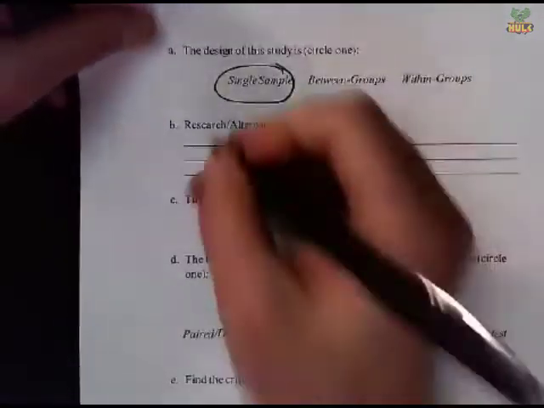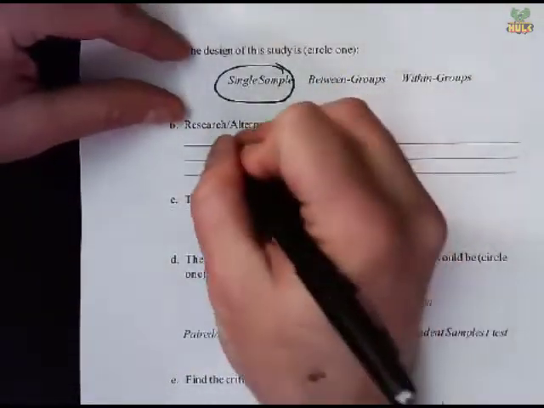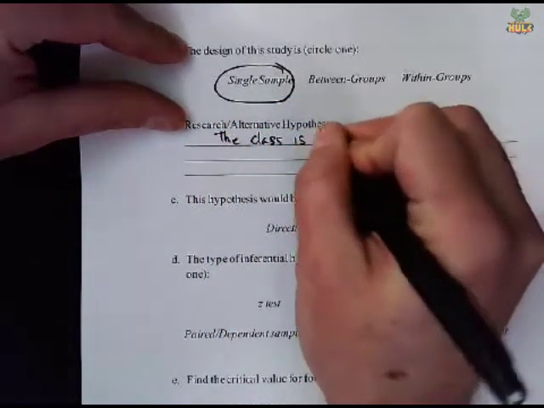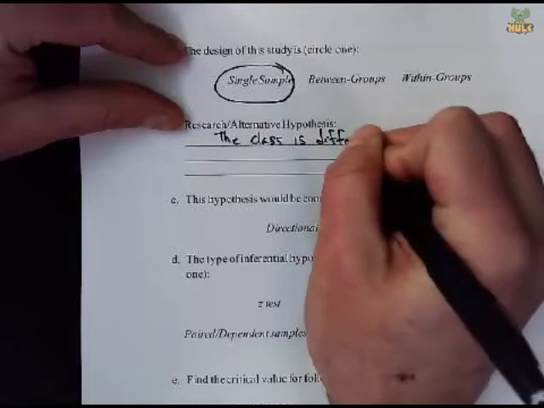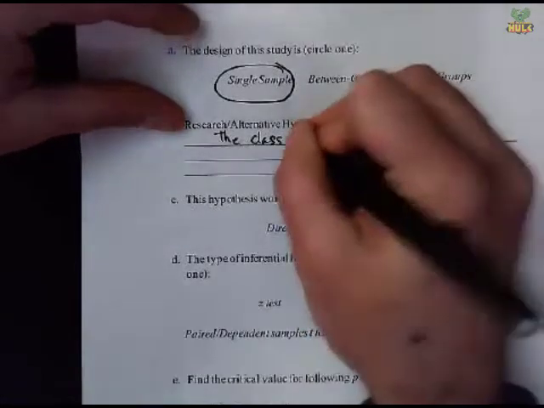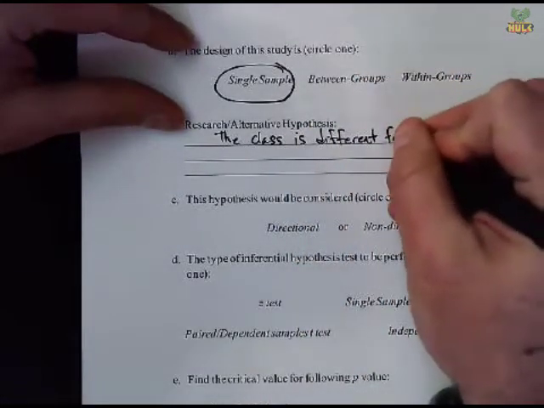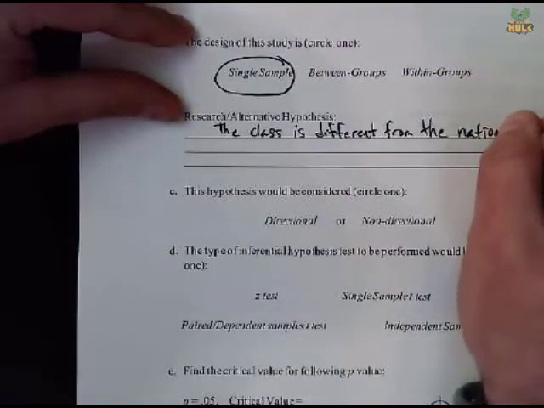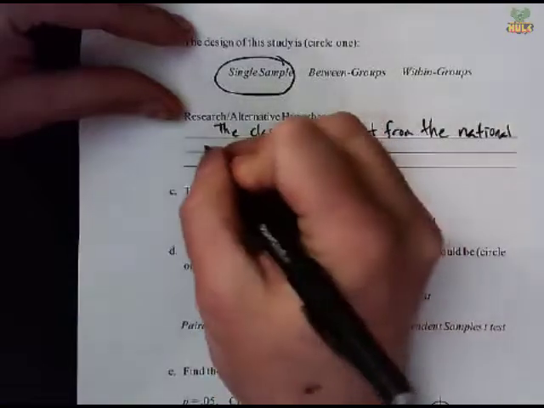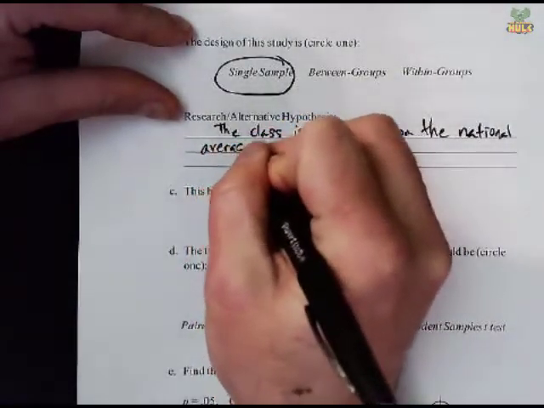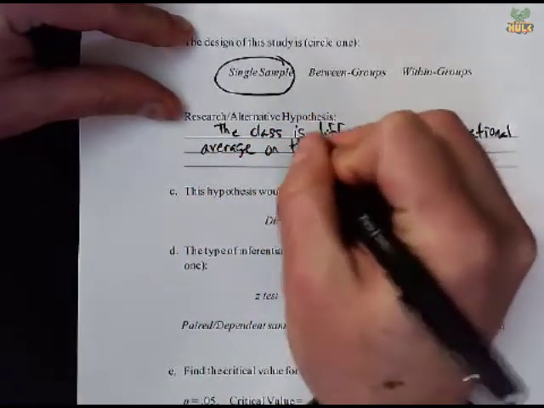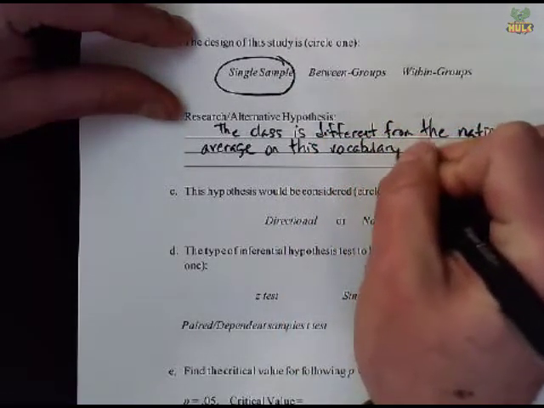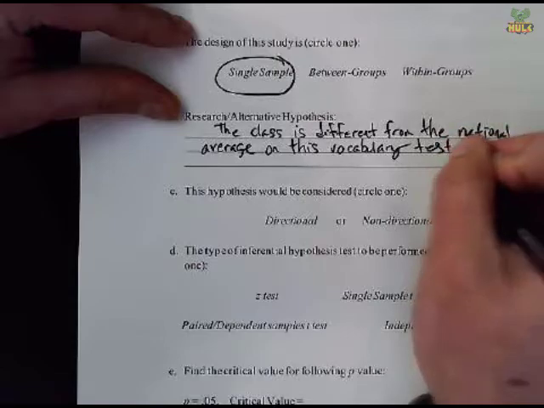Our research hypothesis says that in this case, the class is different, right? We're not saying what direction because the problem doesn't predict that, from the national average on this vocabulary test.